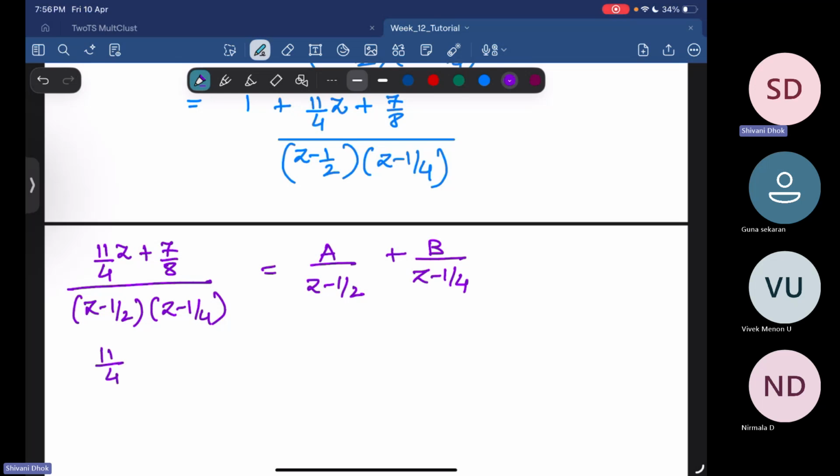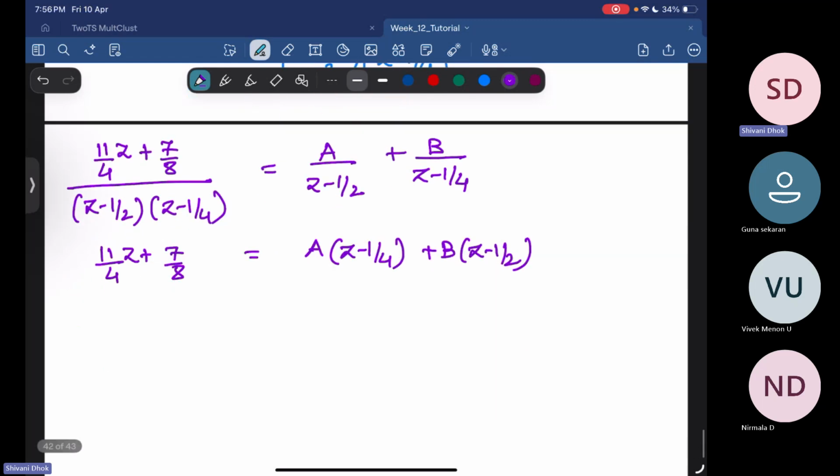So we get 11 by 4z plus 7 by 8 equal to A into z minus 1 by 4 plus B into z minus half. Now let's say z is equal to half. That will give me 11 by 4 into 1 by 2 plus 7 by 8, which is equal to A into half minus 1 by 4, that is 1 by 4.